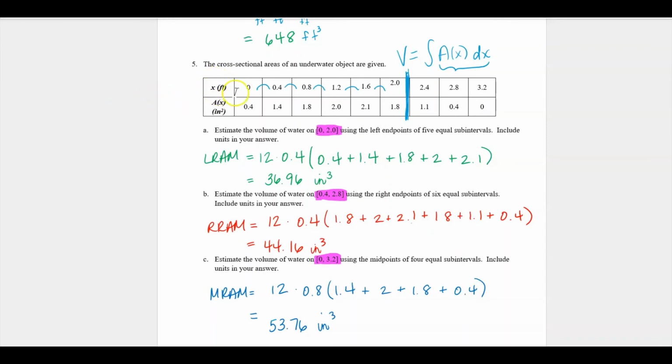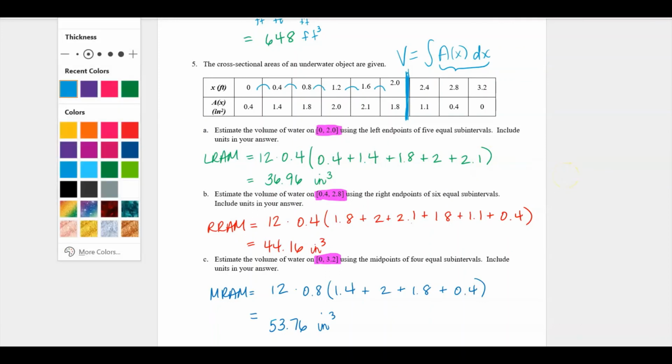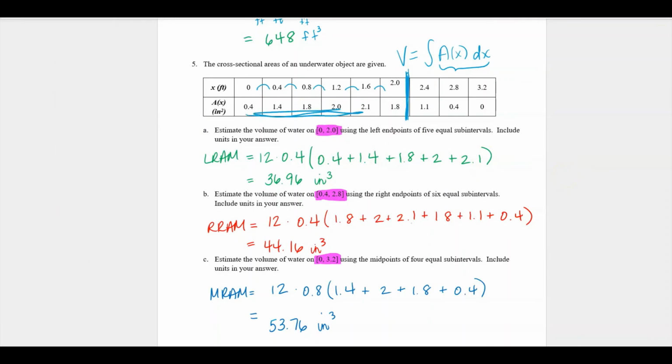So we want to convert these feet into inches. If you look down here in the calculation, that's just doing 12 times however wide or thick that interval is. So 12 times 0.4 gives us a unit of inches, and then we do LRAM for those 5 values. So we use these numbers, and we cross off this last one.